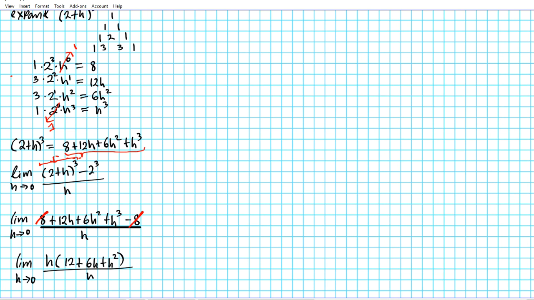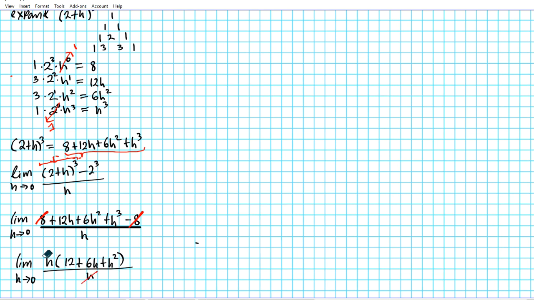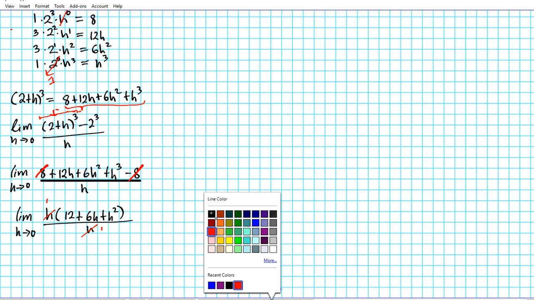And then we can divide that h that we factored out with the h in the denominator. That removes the removable discontinuity that's causing our limit to be indeterminate. So now we should be able to evaluate the limit without any problems, because that annoying denominator component has been taken care of.